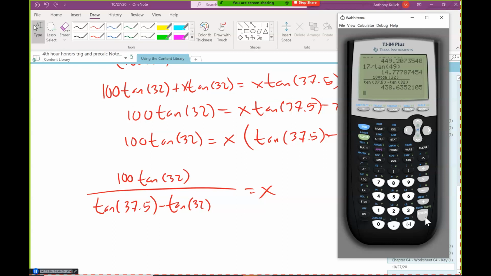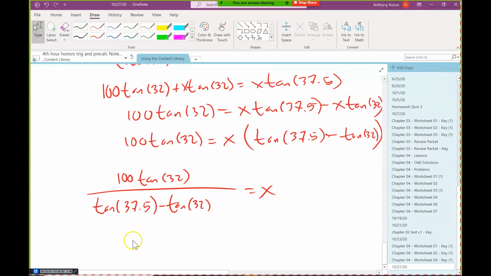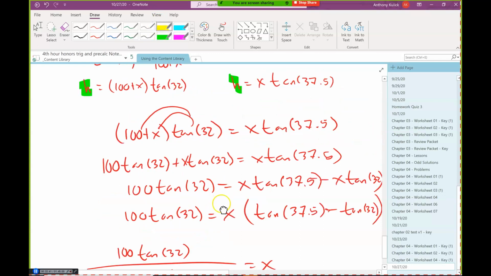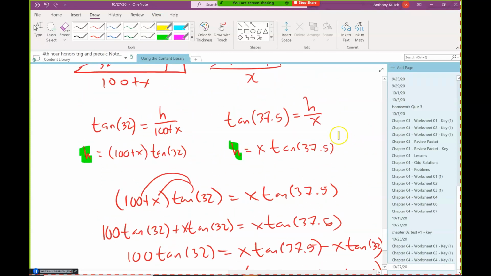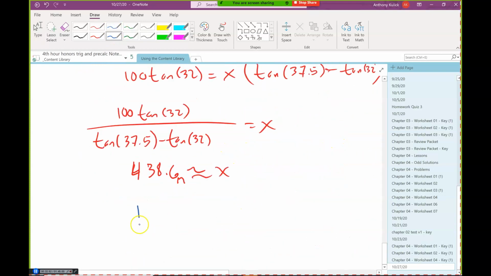And plug it back into one of my two equations. For the sake of argument, I'm going to use this one because it seems like it's a little bit simpler. I think that was the tan 32. Let me double check real quick. Nope.